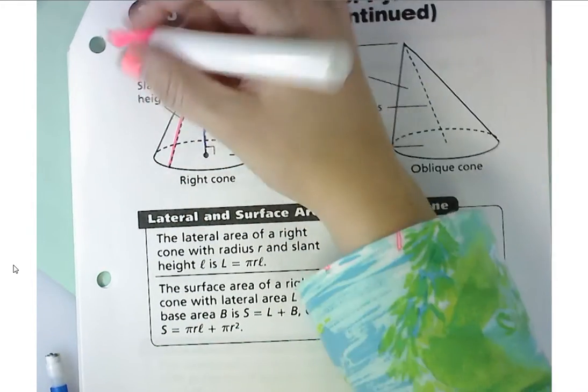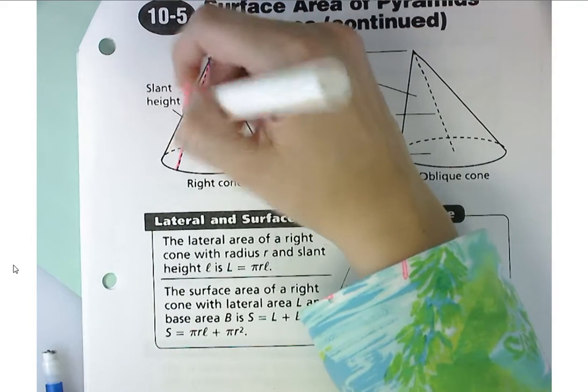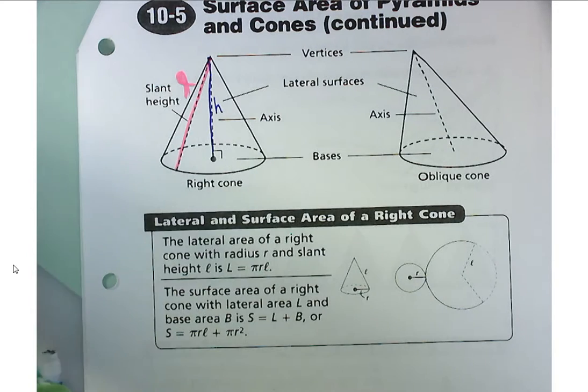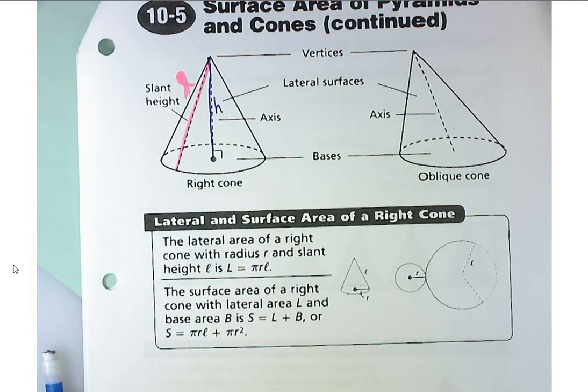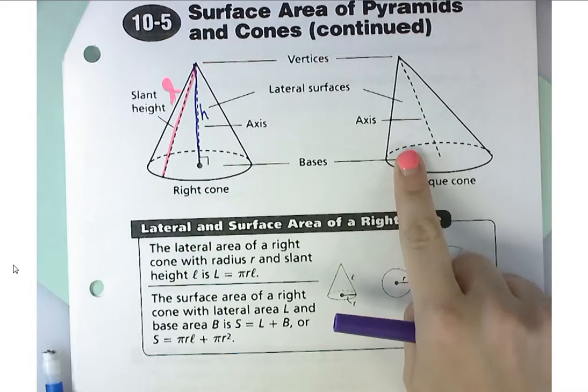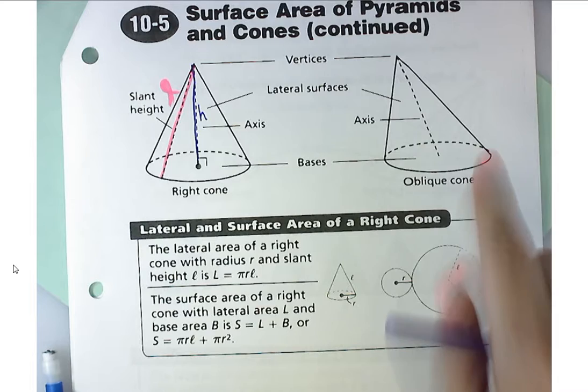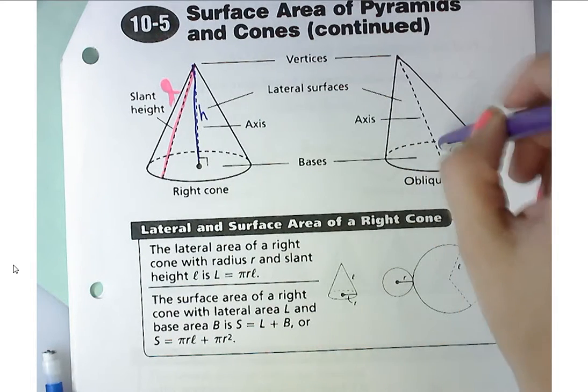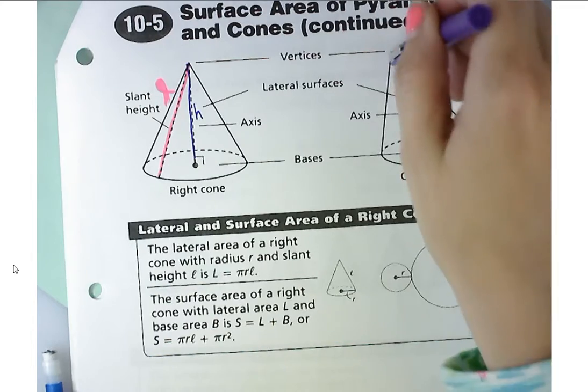Okay, so that is your fancy L. Now if it's oblique, then you're going to have not a straight line going down the center, right? It'll be slanted here.